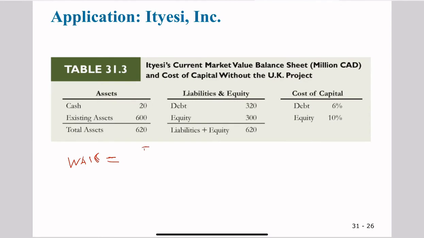Basically you should use the portfolio weight of equity times the cost of equity plus the portfolio weight of debt times the cost of debt. And don't forget you have to use the after-tax debt cost of capital, that is R_D times (1 minus the corporate tax rate).